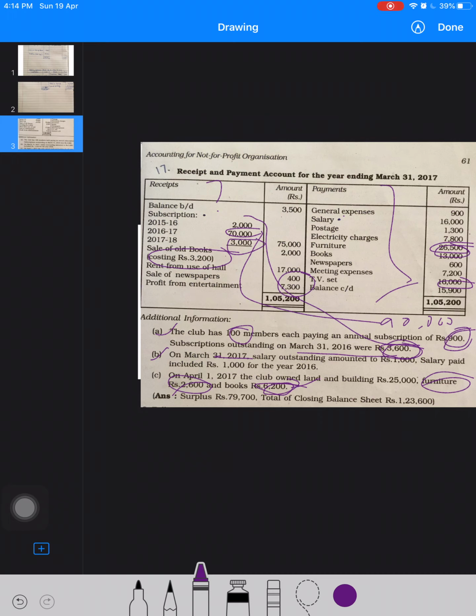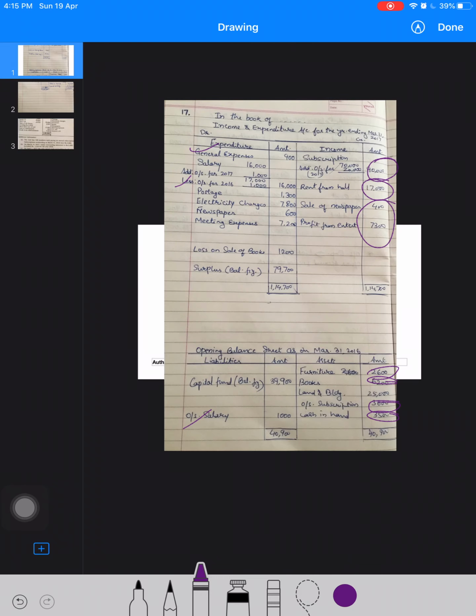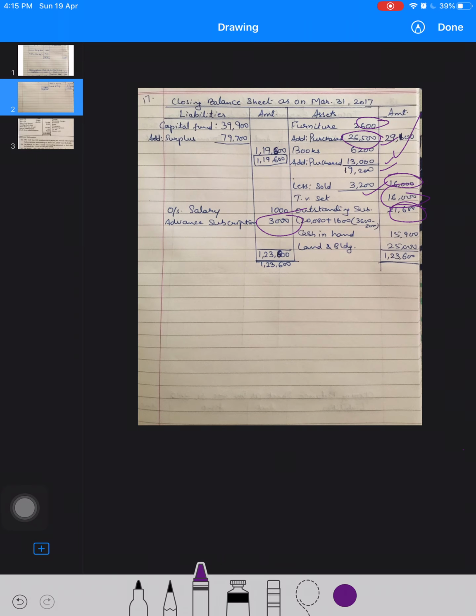Now only here, if you can see, land and building: there was no new land and building purchased, so only last year's land and building. This land and building 25,000 is of last year, we'll write it down in last year's balance sheet. Land and building 25,000, and assets are always carried forward for the next year also. If we have any depreciation, we'll subtract it.